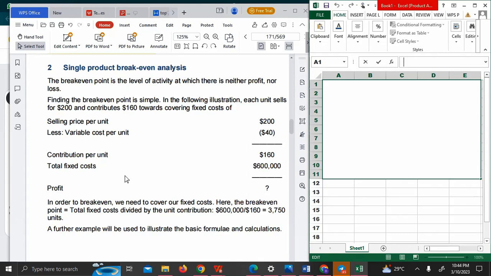Can you explain that concept of contribution again? Now, the simple idea of contribution is this. In literal terms, it is what the unit is contributing to fixed cost.